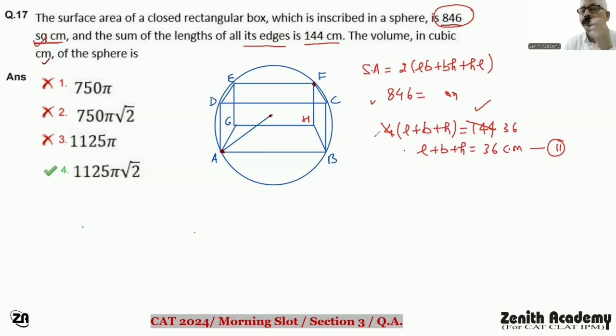Surface area was given. Now, the volume in cubic centimeter of the sphere. The sphere volume formula again, V is equal to 4 by 3 pi R cube.